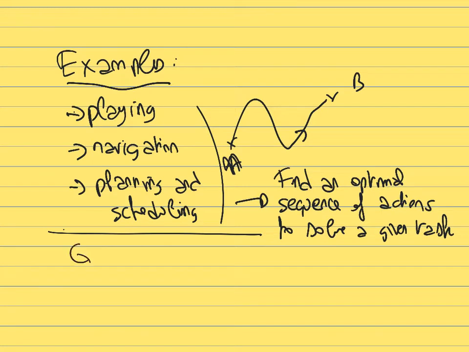The first thing is you need to formalize what is the goal, what is the objective of the task that you are trying to accomplish. So the objective, if you are playing chess, is to win the game. If you are navigating, the objective is to reach point B as fast as possible, or by minimizing the travel distance.